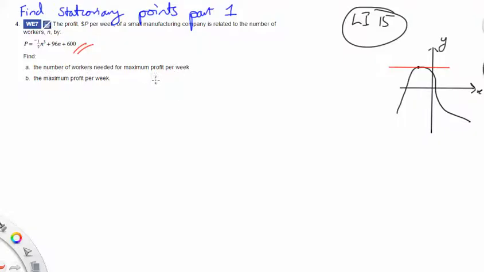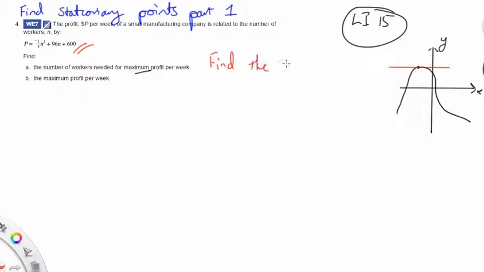Okay, well, we know it's P dollars per week, so we don't have to worry about the week part, but we know that maximum means find a derivative and find the stationary point. If you ever see maximum or minimum, you know the steps are find the derivative, find the stationary point. Let's do those steps. So we see the word maximum, first thing we do is find the derivative.